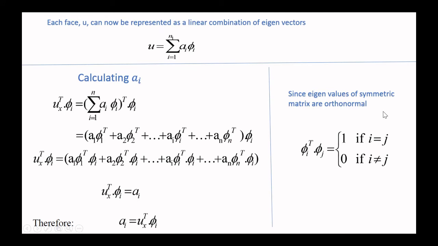Since eigenvectors of a symmetric matrix are orthogonal, the dot product of distinct eigenvectors will be 0, and 1 for the dot product with itself. Thus, the right hand side of the equation will reduce to a_i, and we will have u transpose phi_i equal to a_i. So, to find the coefficients, all you need to do is find the dot product of a face vector with the ith eigenvector.